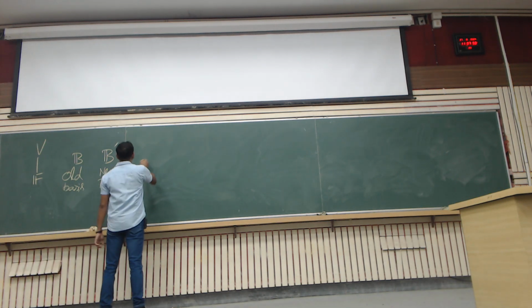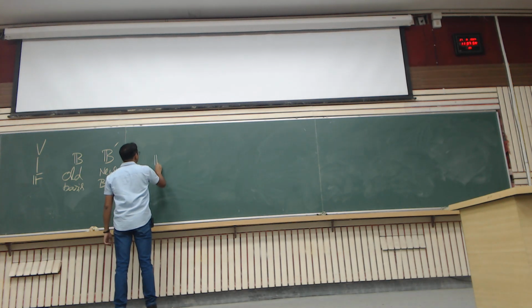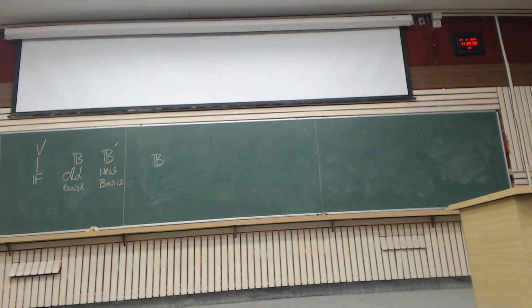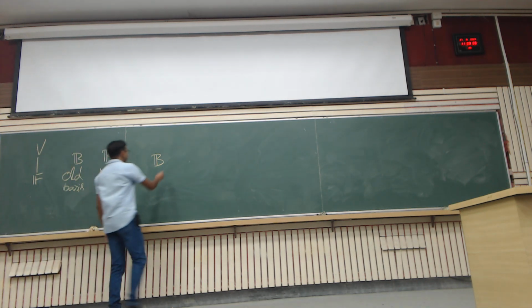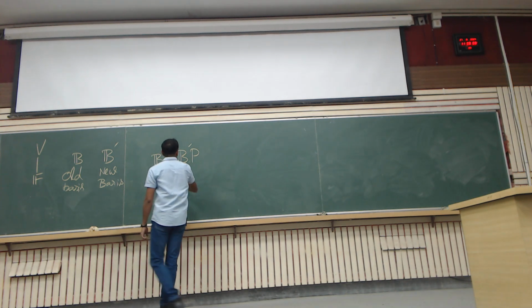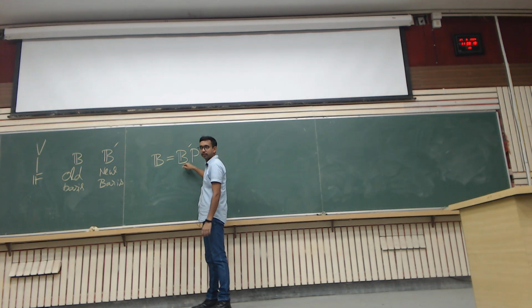If we are going from one basis to another in this manner, we are writing V dash as V times P. That is, we are writing the elements of V dash in terms of V.